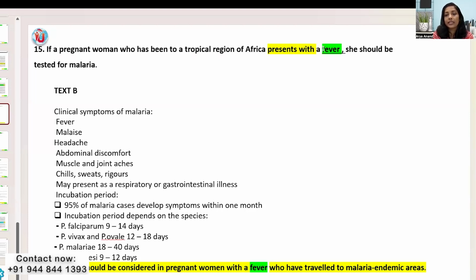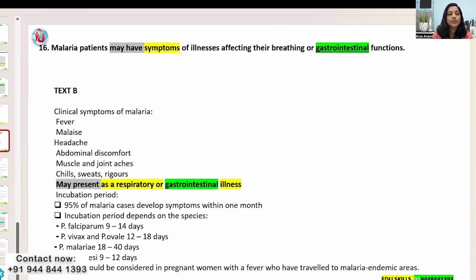So with a, presents with a, so with a fever. You need to write here fever, who travel to malaria endemic areas. That means she should be tested for malaria here. They have mentioned malaria should be considered. Hope it is understood. We'll move to the next one, 16th question.